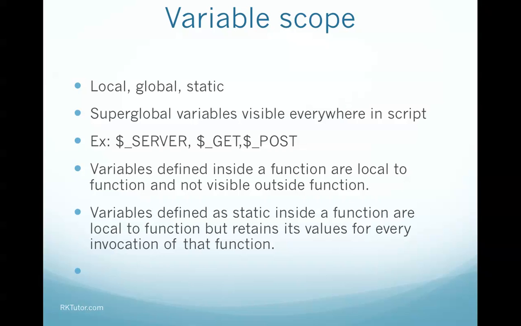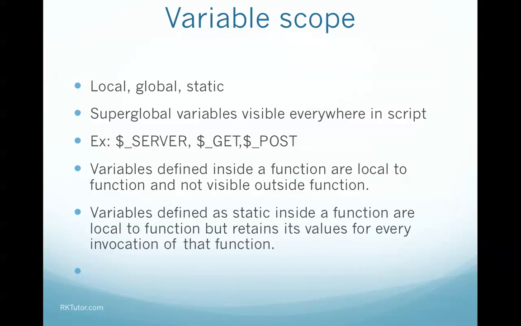But if you define that variable as static, and say you have a counter which is assigned 10 in this round, and the same function is invoked next time, it will still hold the value 10, and you can again change that to 11 and 12.